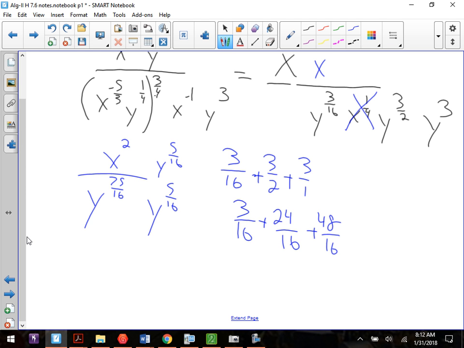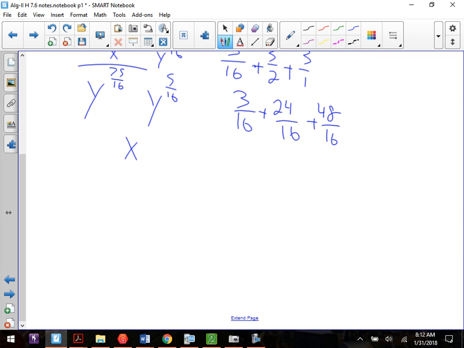So you have 80/16, which is y to the 5th, I believe. So our final answer is x squared y to the 5/16 over y to the 5th.